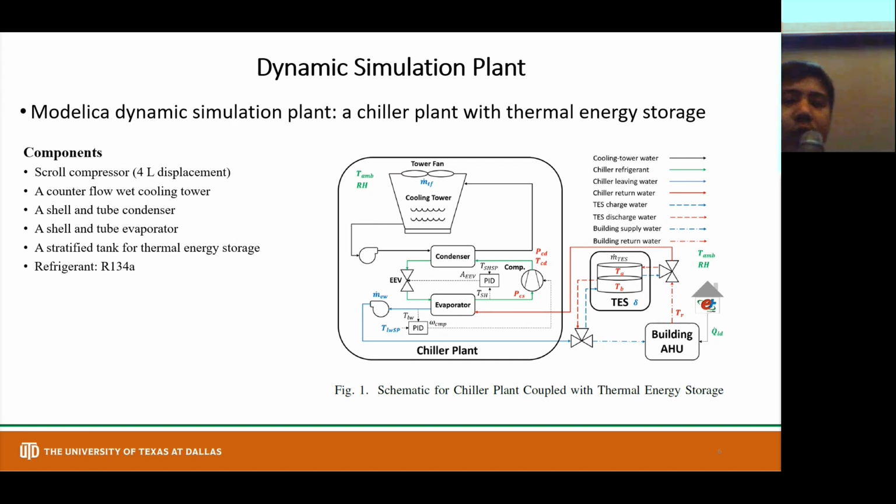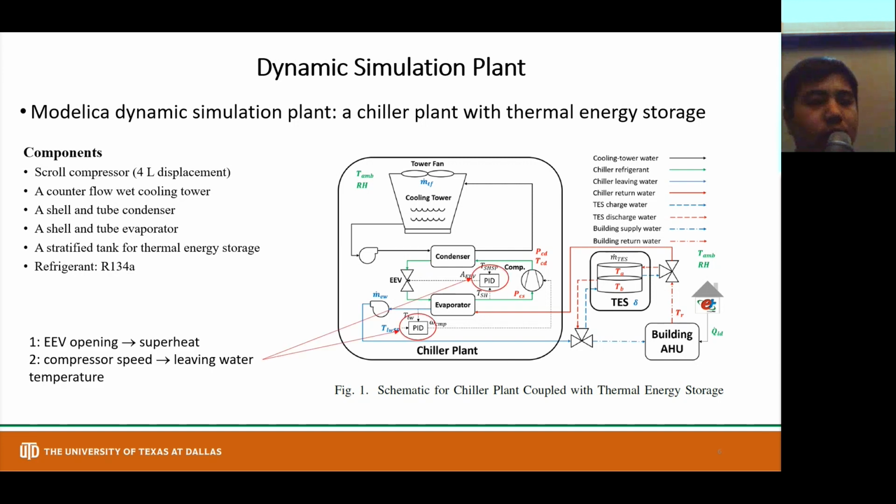So the simulation plan includes a chiller plant model, a water storage model, and a simplified building energy model where the cooling load comes from EnergyPlus data. There are two inner PI controllers for this system.